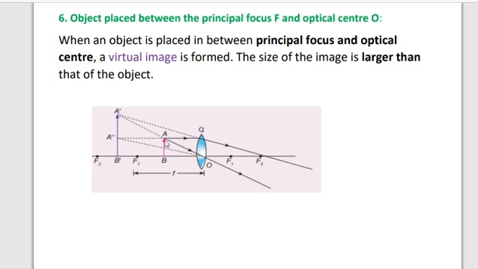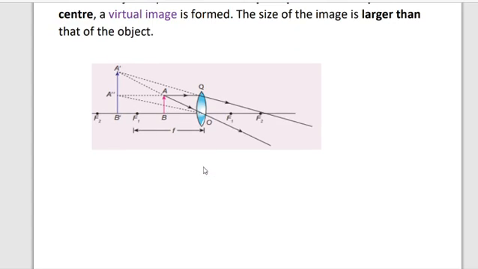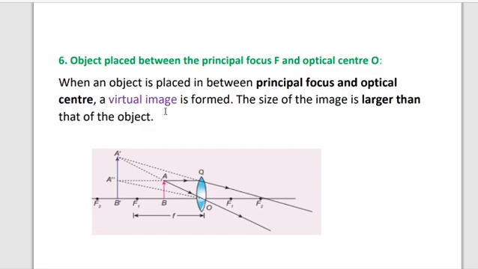Then the second ray passes through the optical center, so without deviation, but the two rays after refraction never meet, but both refracted rays come from a particular point. You see, we extend to the left side and they meet at a particular point. So here we get the image. So in this case the object and the image are both on the same side, that is the left side of the optical center. This is the special case. We get a virtual image. It's not a real image, it's an imaginary image.